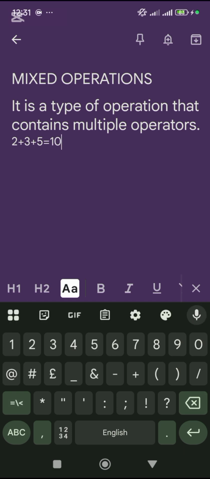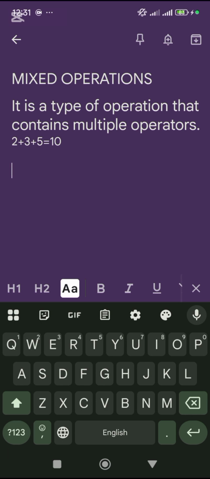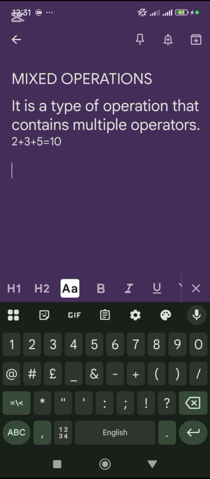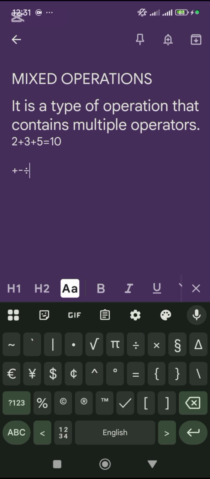And so when we have a type of operation that contains multiple operators like the plus sign, the minus, the division, the multiplication, the squares, and so on, we call such an operation a mixed operation.